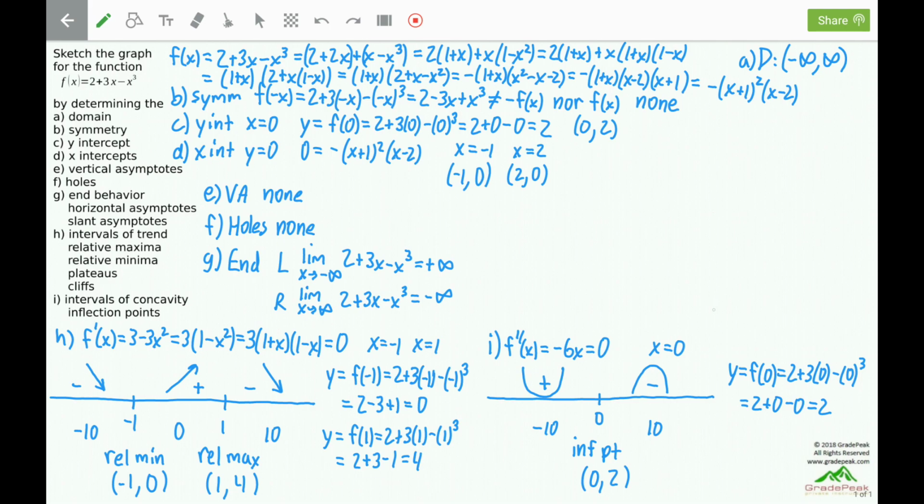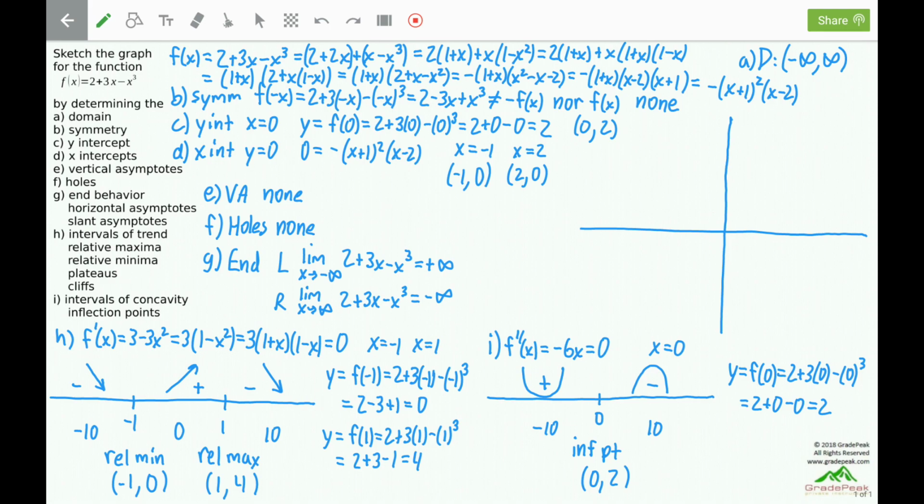We can now draw the graph. We have a vertical axis and a horizontal axis. The domain is all real numbers, so it will cover the entire span of x values. It was found to have no symmetry.